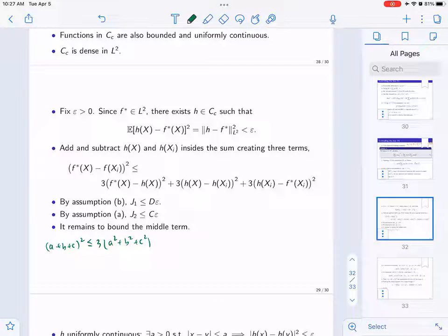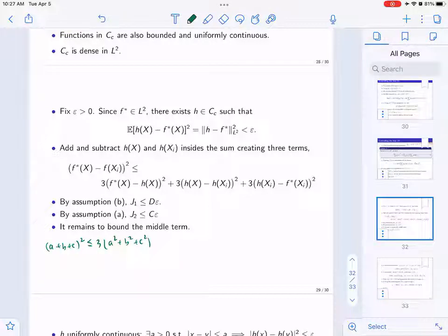That's what I'm going to do. The middle term is the reduction to a function in C_c. The other two are approximation errors.